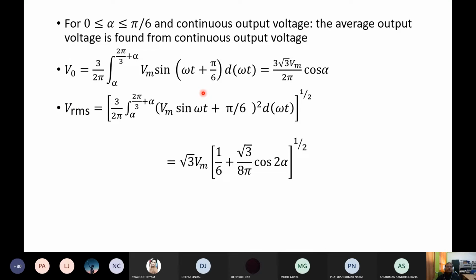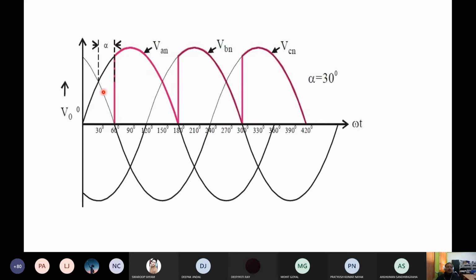Okay. So alpha less than 30 degree, it will be continuous. Actually, I should have drawn 130 degree here. It is just discontinuous and reaching 0. But if you trigger here, just see the pointer. If you trigger here, this voltage will appear.